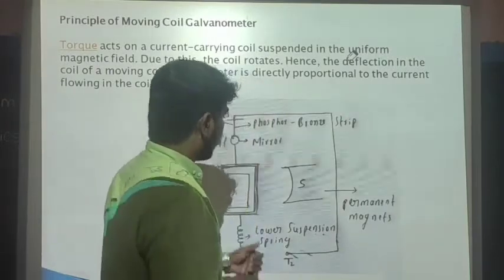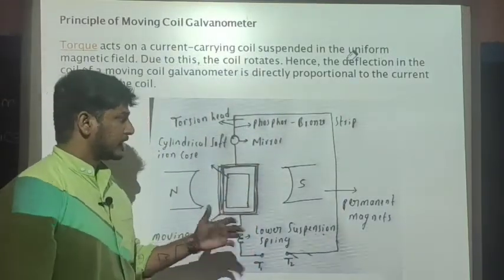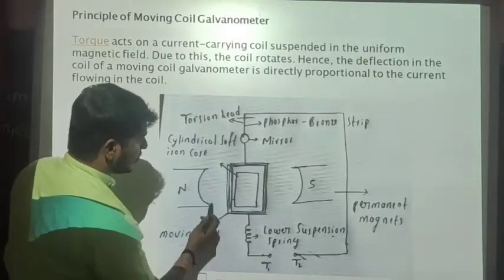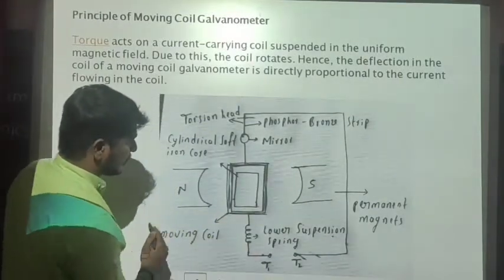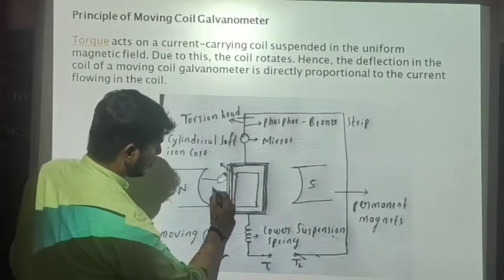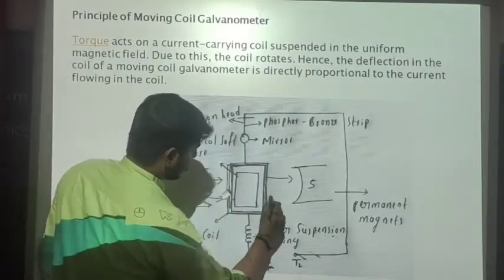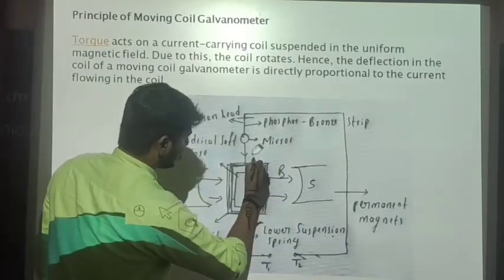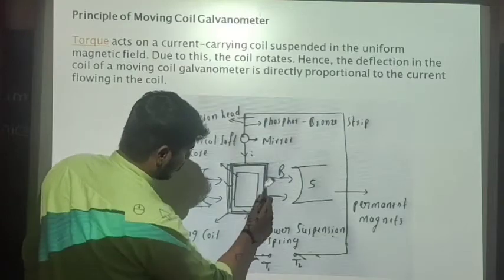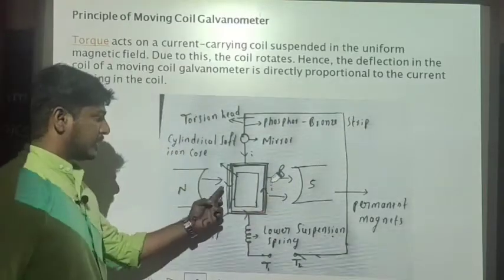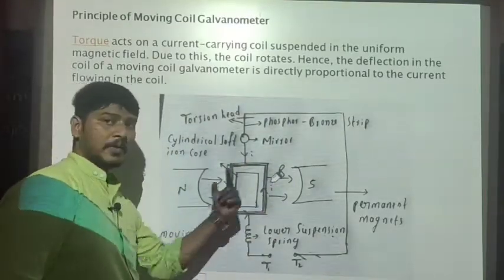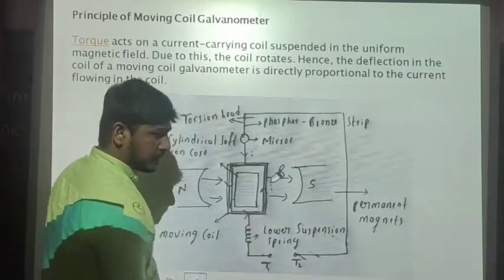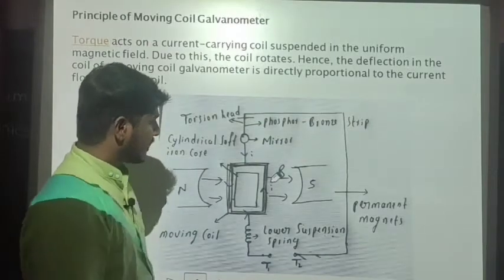Okay, what does the principle state? Let us suppose the copper coil is placed between two magnetic poles which produce a magnetic field of magnitude B. Let us suppose current I flows through the copper coil. When current passes through this copper coil, what happens? It experiences a force, and we can find this force by Fleming's left hand rule.